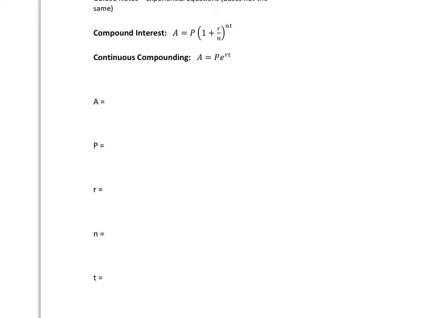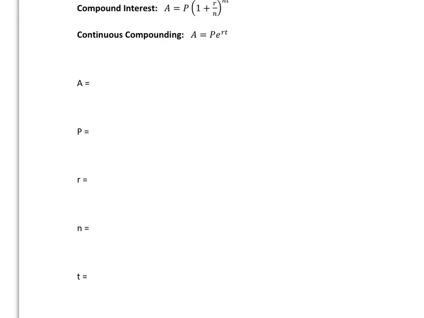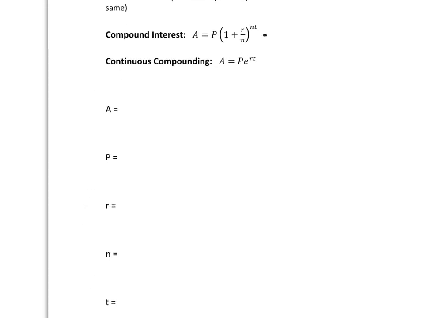Compound interest is this formula, and this formula is for continuous compounding. So A is your accumulation amount, and that's also known as your future value.